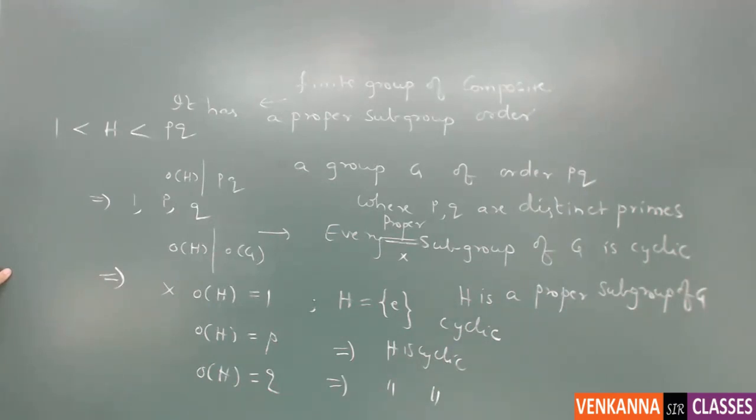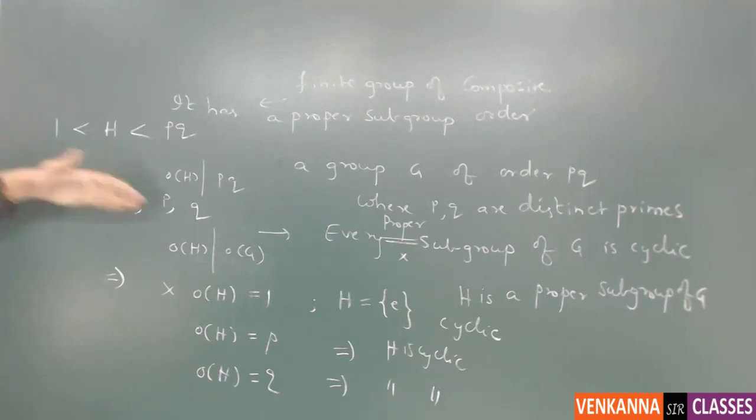Okay. I am talking about the proper subgroups. So this case won't happen, but we need to understand one more thing. If order of H is equal to 1, by default H contains only the identity element.